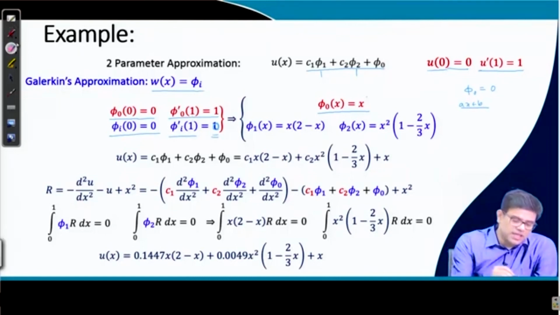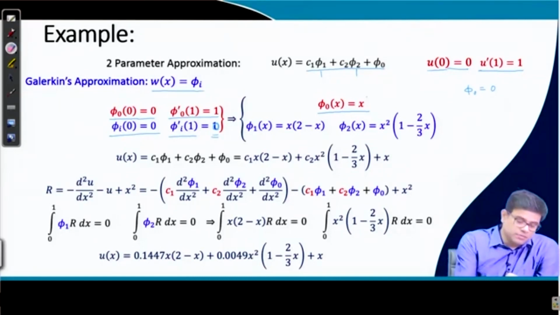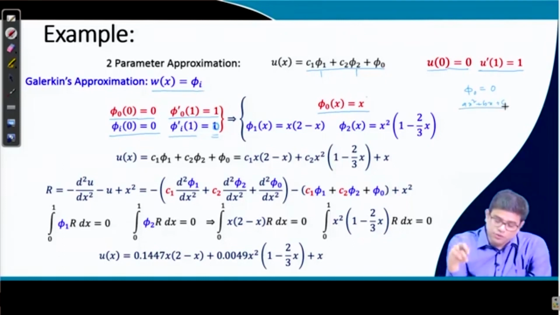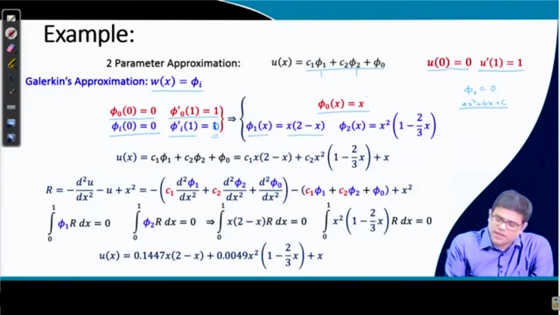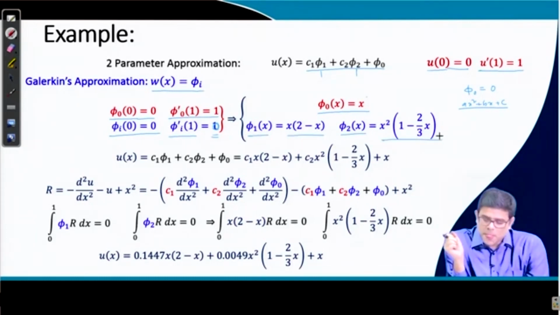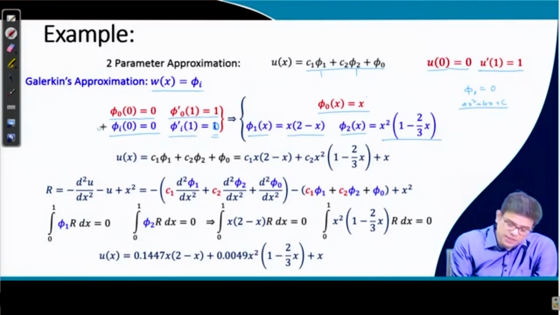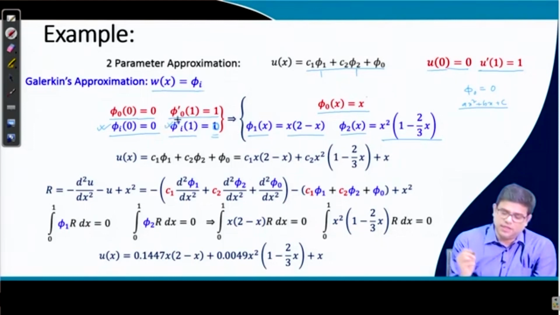So naturally I have to choose something like ax square plus bx plus c. Then what I achieve is that phi 1 is something like this and phi 2 is something like this. Now this phi 1 and phi 2 satisfy this condition as well as this condition.